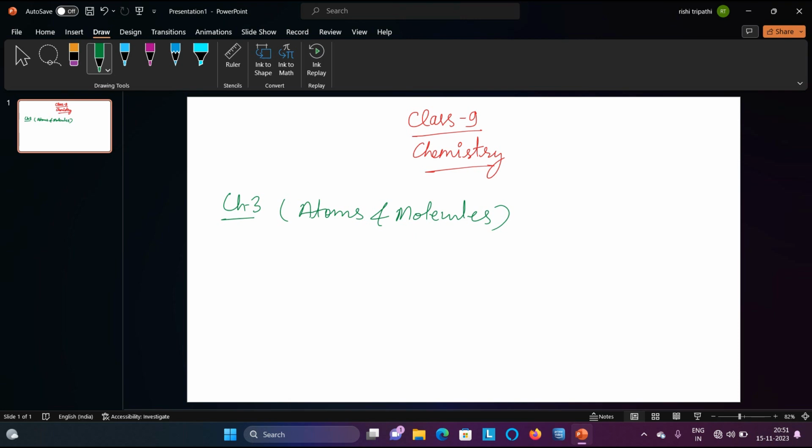And the sixth postulate was that the relative number and the kinds of atoms are constant in a given compound. So whatever compound you consider, the kind and the number of atoms in it will always be the same. So it was the first theory which was based on the laws of chemical combination.